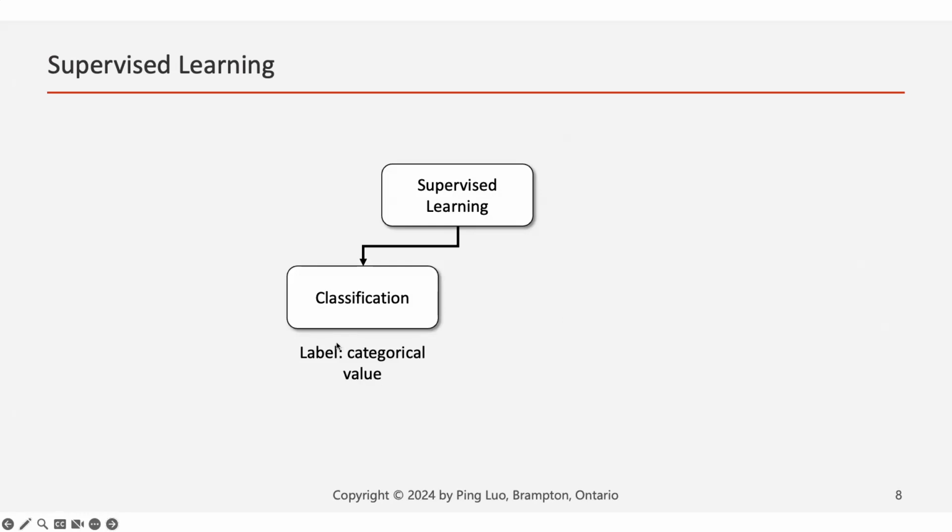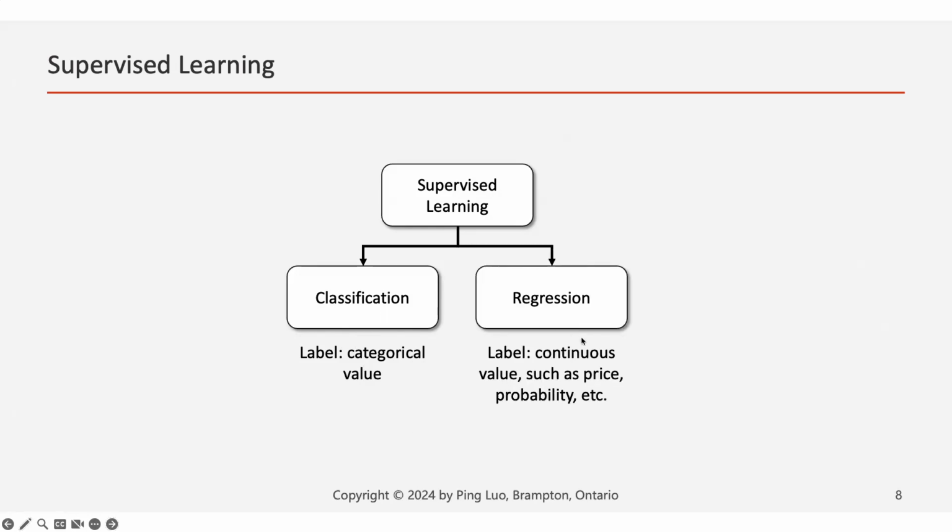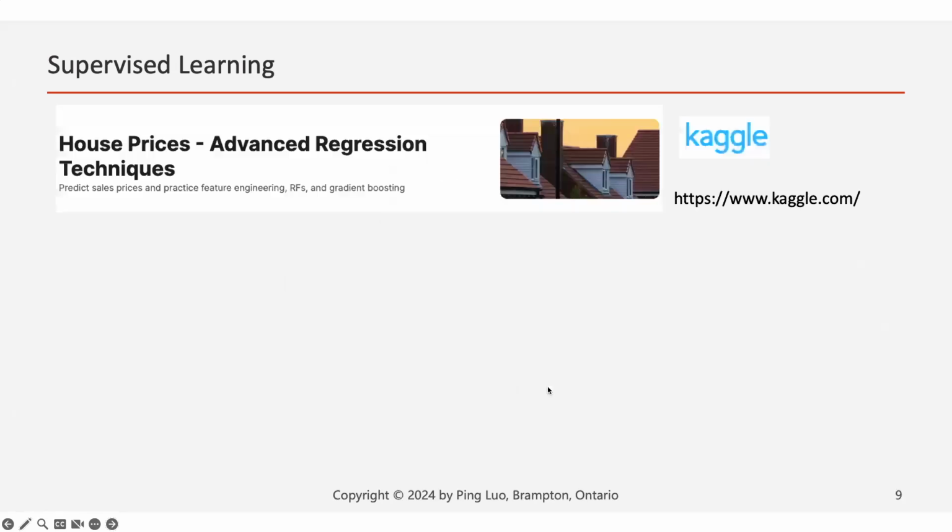These two examples I just showed are called classification. That's because the labels are categorical values. But there's also another kind of problem called a regression problem, where the label is a continuous value. For example, on the Kaggle website, they have a data set for housing prices.